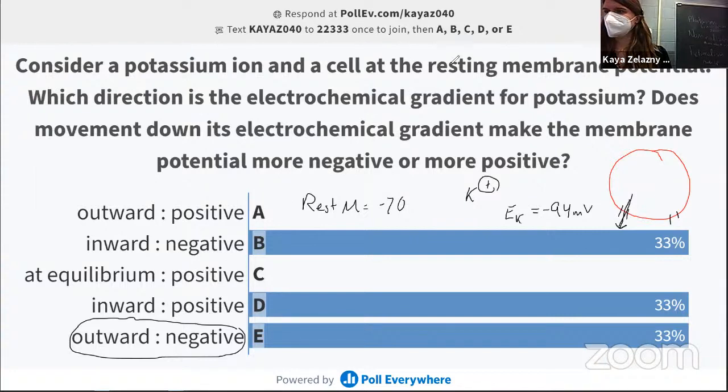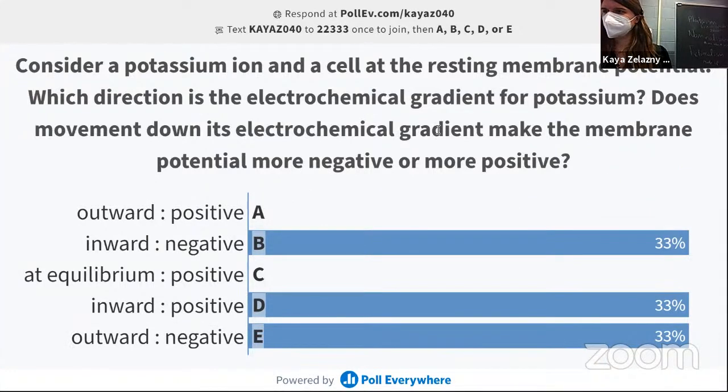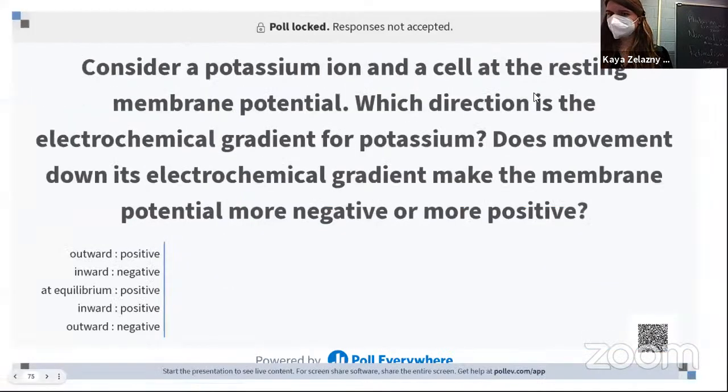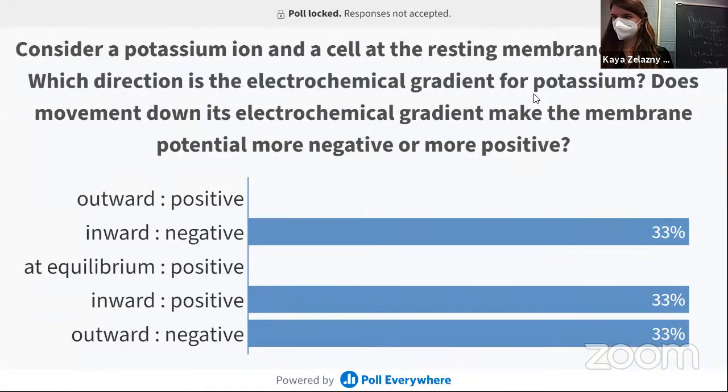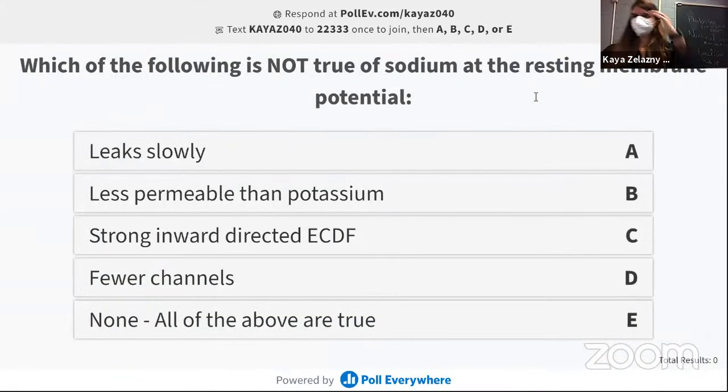So let's try another one. Now we're going to think a little bit about sodium. We talked about what both sodium and potassium are doing to maintain that resting membrane potential. Let's see which of these things we can remember.